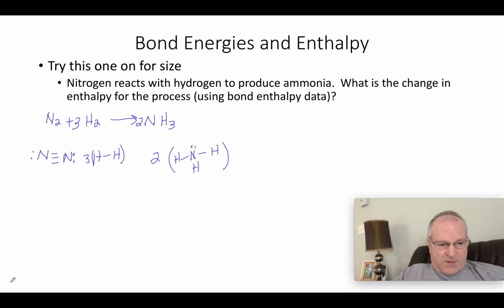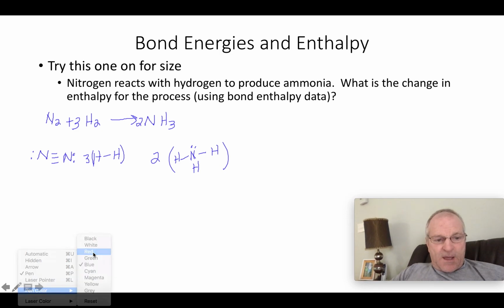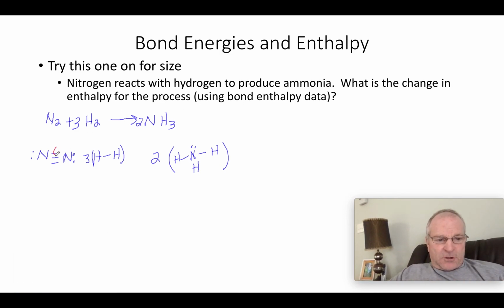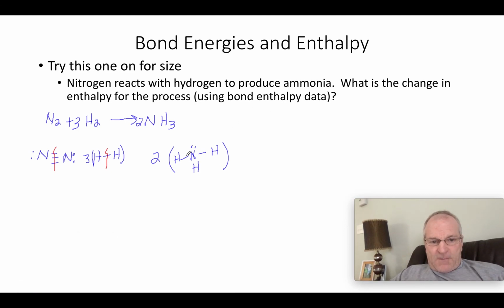Let me see, I'm going to mess around. And color red. So in this deal, broken nitrogen-nitrogen triple bond and the hydrogen-hydrogen single bonds, and formed yellow, and formed, oh man, that's not groovy, you can't hardly see it.